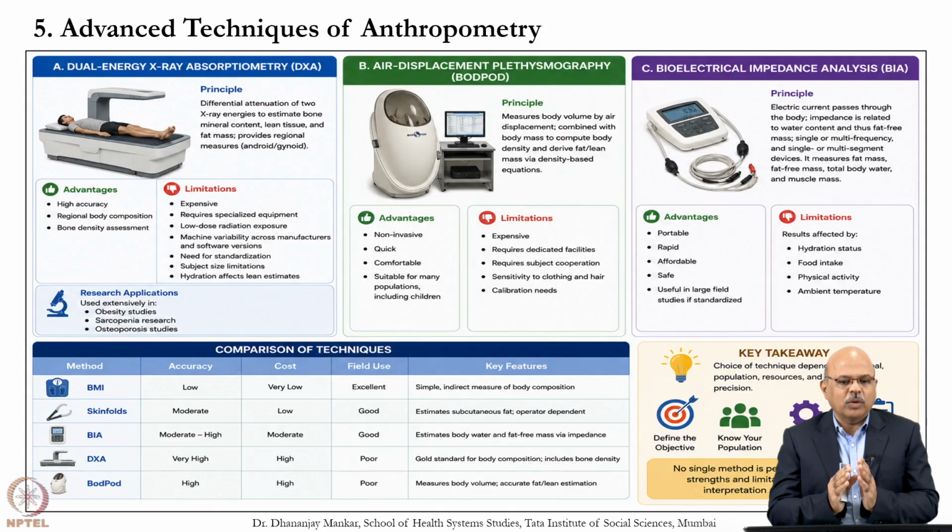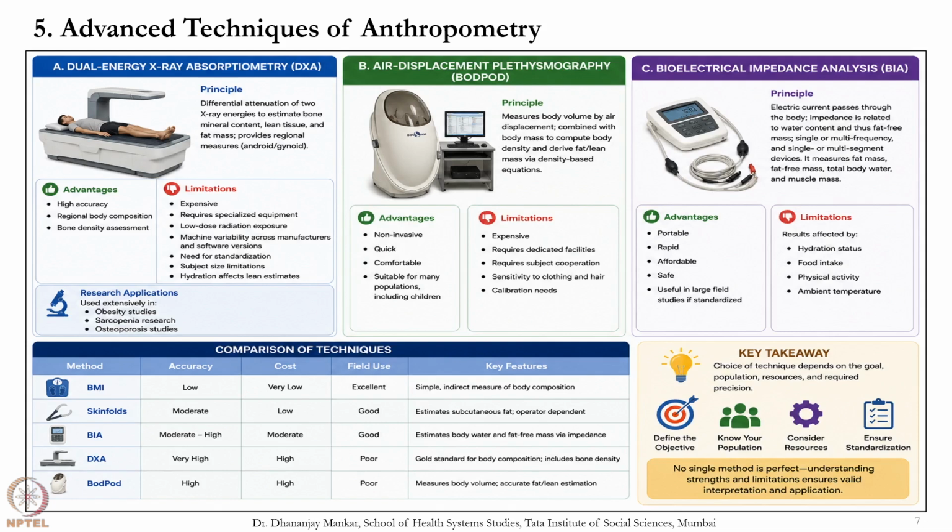BIA estimates body water and fat free mass using impedance, and DXA is the gold standard for body composition, which includes bone density. As it measures body volume and is accurate for fat and lean estimation, BOD POD comes as a valuable way to take this measurement.